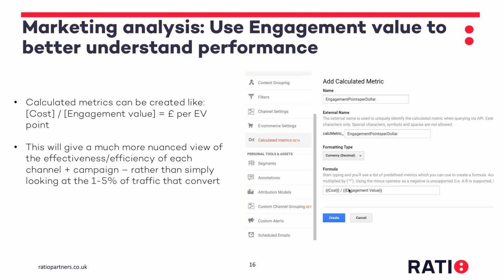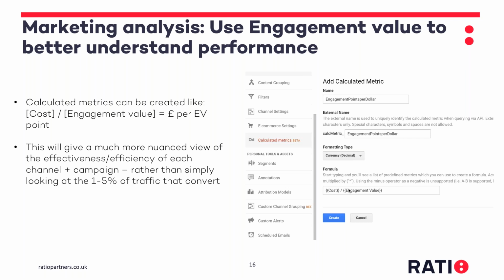using that engagement value score that you're pushing in, and using that in a calculation with another metric that Google Analytics is already collecting, like the cost of a particular marketing channel, AdWords for argument's sake. And what we can work out using this sort of calculation is how many engagement value points we're getting per dollar of marketing spend or like advertising cost.